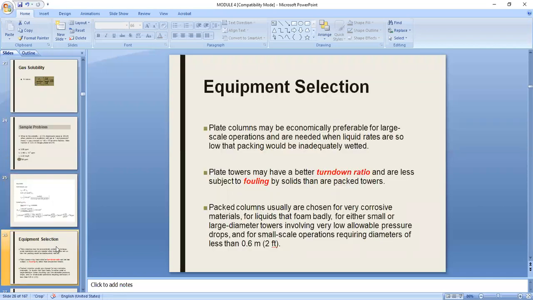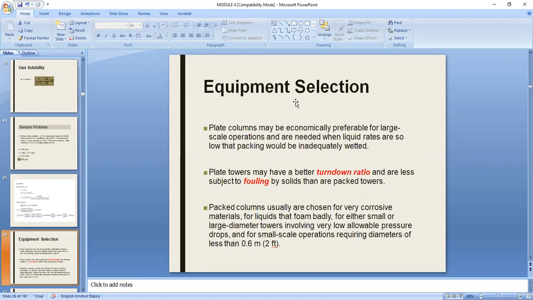Now, for the equipment selection, plate columns may be economically preferable for large-scale operations. So take note of this. They are needed when liquid rates are so low that packing wouldn't be adequately wetted.